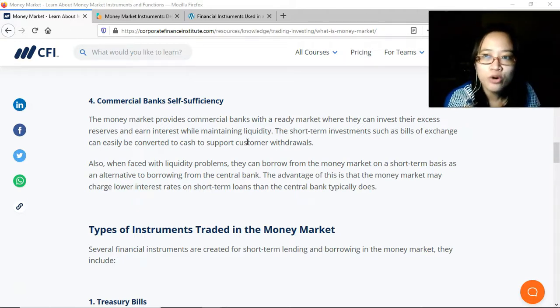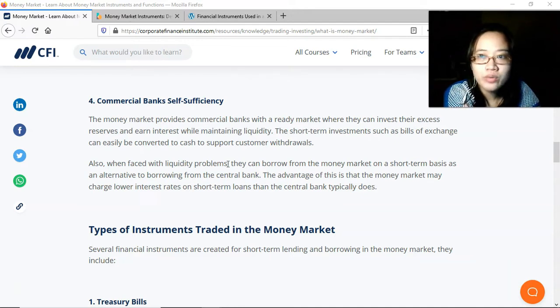So, merong portion ng kanilang funds na pwede nilang i-invest in long-term investments, but majority of, siguro a large portion din, they tend to invest in short-term investments para madali rin yung convertibility into cash in case they suddenly needed cash or funds for their customers.